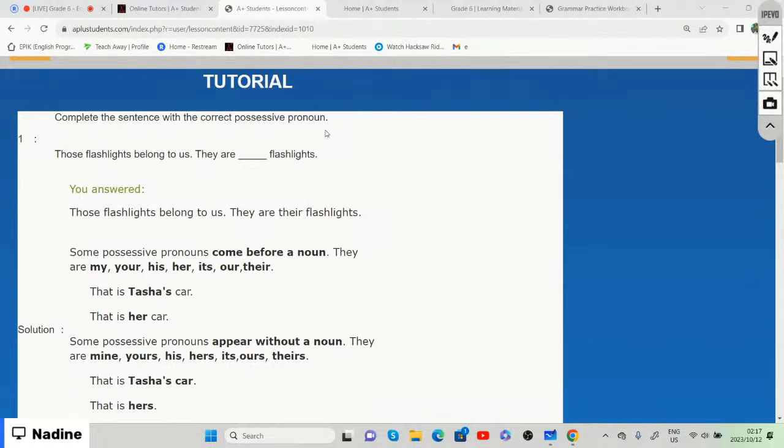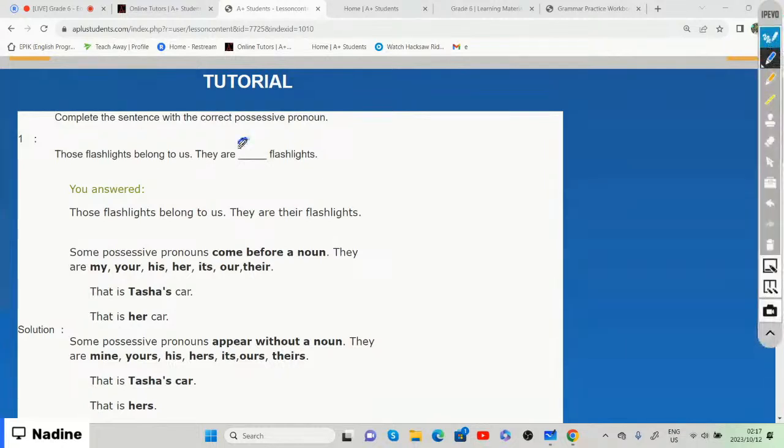So if something belongs to us, then we can say they are our flashlights because they belong to us.